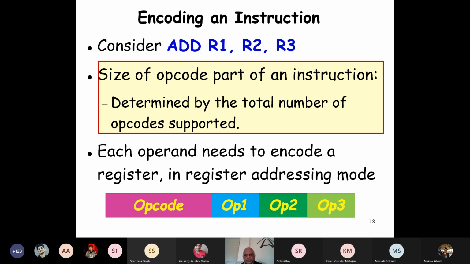So 4 into 3 is 12 plus 6 is 18 bits. But then it has to be in multiples of bytes, so we need 3 bytes. So that's the answer here. The size of the instruction for this simple computer will be 3 bytes for each instruction.